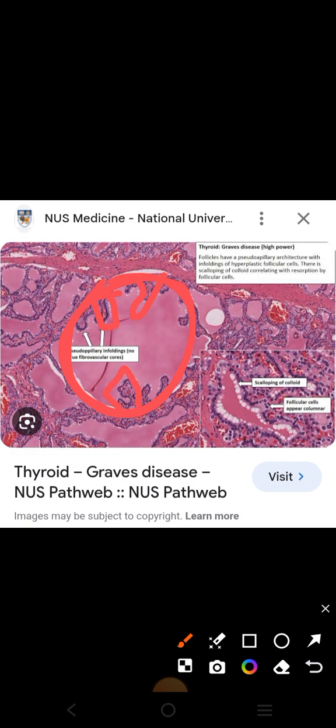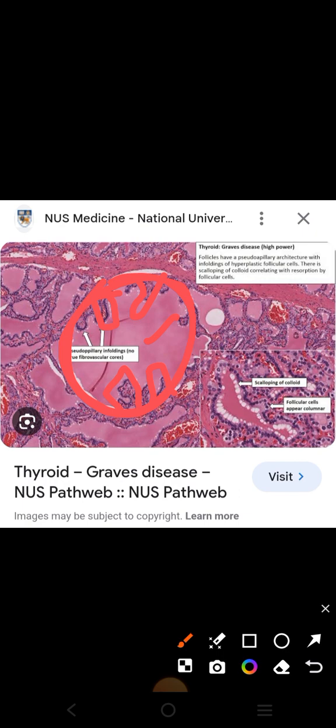Follicular cells are so crowded that they form papilla, and these papilla project inside the lumen of this follicle. We call this pseudopapilla because it doesn't have any fibrovascular core, but carcinomas have a fibrovascular core. Carcinomas, or tumors, either benign or malignant, need blood supply, so they have to maintain their vascular supply.